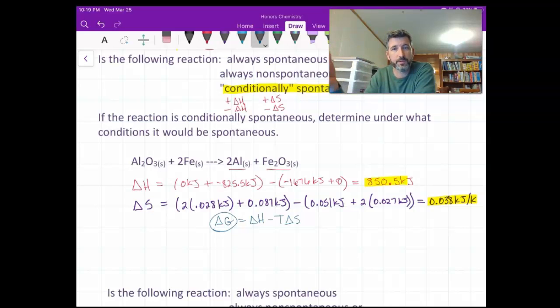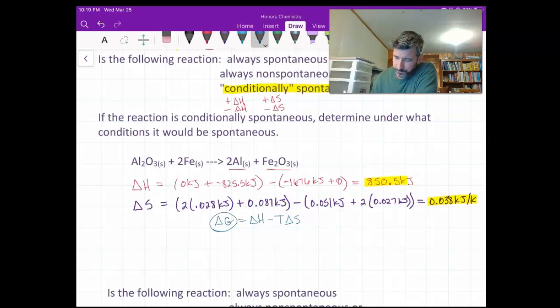Therefore, what would the threshold be between spontaneous and non-spontaneous? It would be 0, right? That's the threshold between positive and negative. So we're just going to set delta G equal to 0 and solve for temperature.